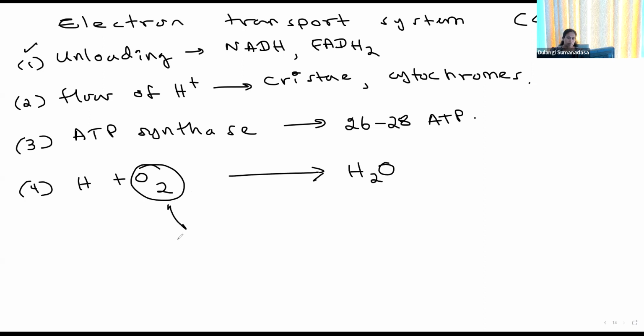Right? So the final proton acceptor, write down oxygen as the final proton acceptor. So the proton is going to be accepted by the oxygen and it will form water. Right? So these are the keywords we need you to include to get the full marks.